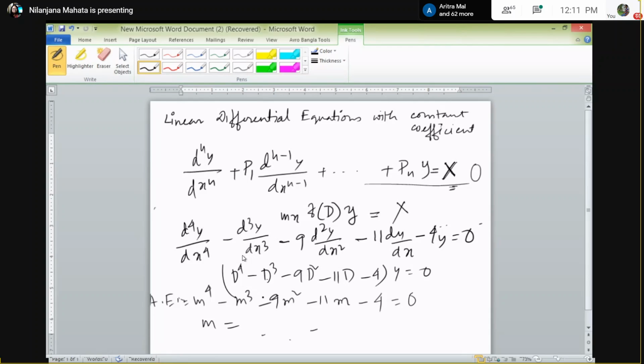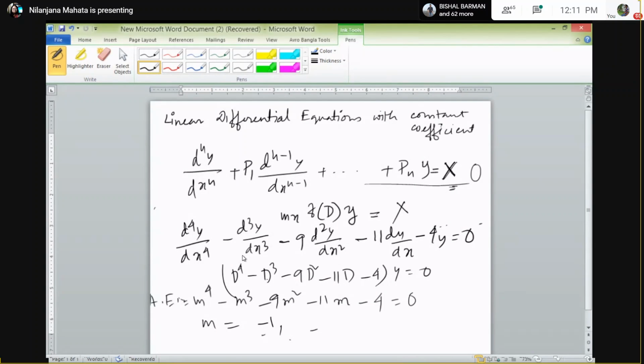What is your aim here? One root is minus 1 with multiplicity. Yes, tell me. I couldn't hear you.